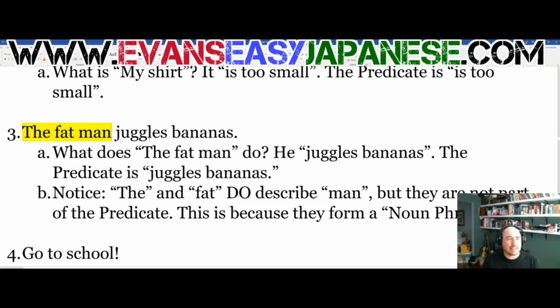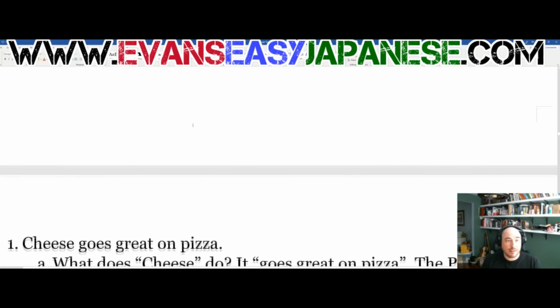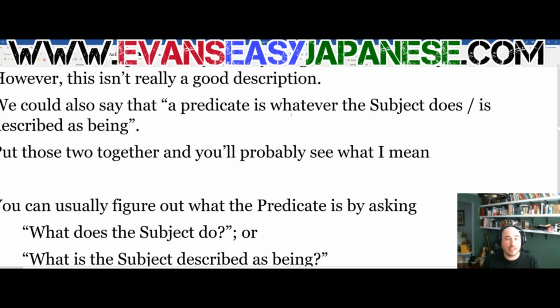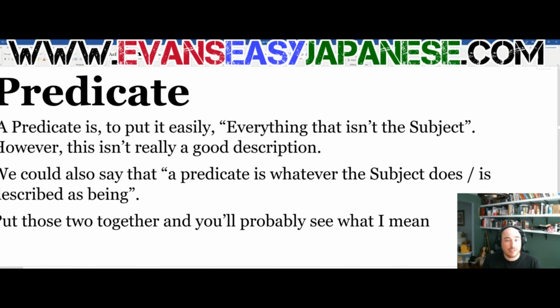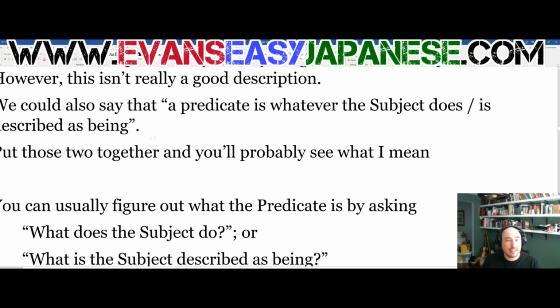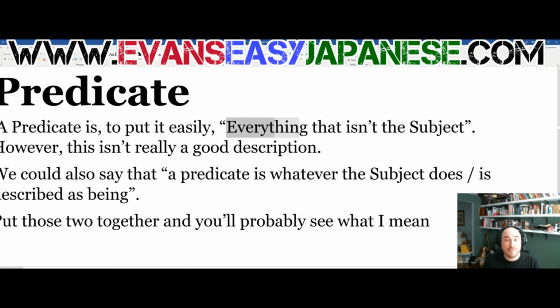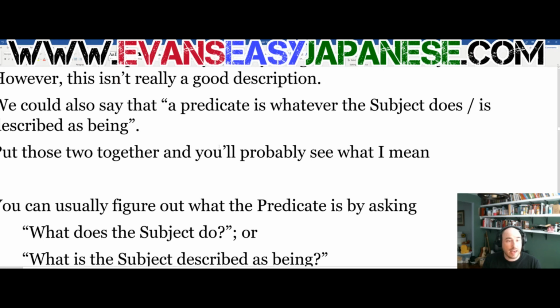The fat man is kind of like one giant word, right? It's like the fat man. And the word the is modifying man, and the word fat is modifying man. So if we go back up to what I described the predicate as being, we had the description, everything that isn't the subject, but we also had whatever the subject does or is described as being.